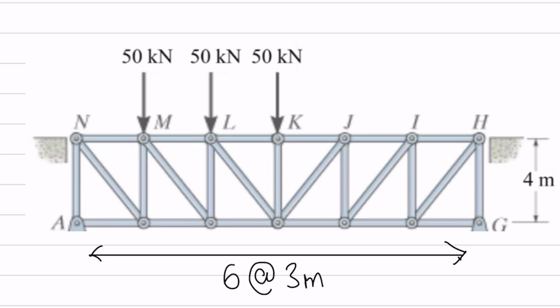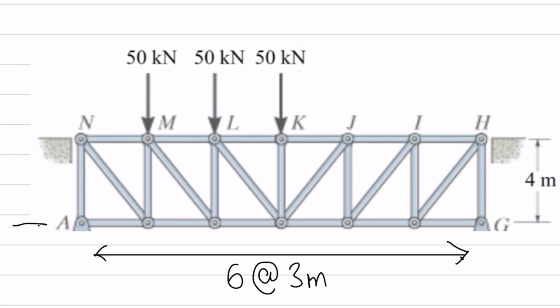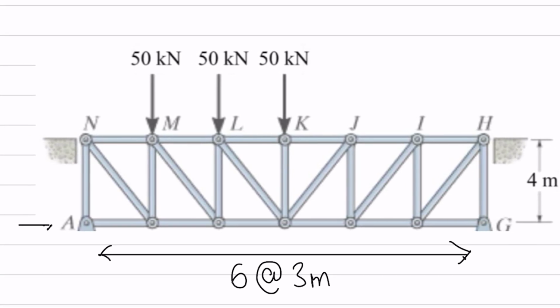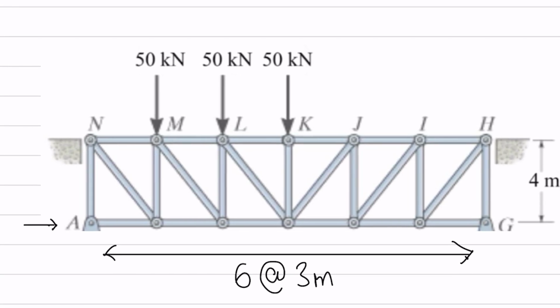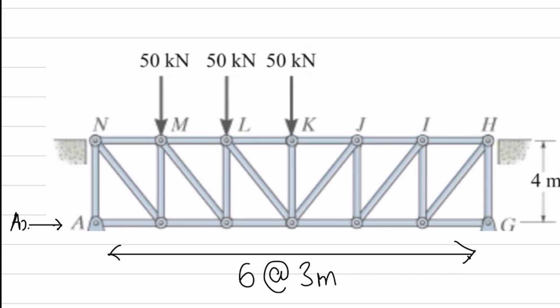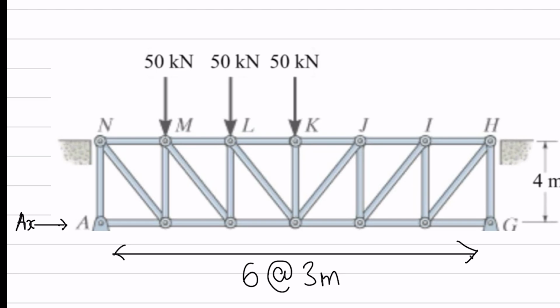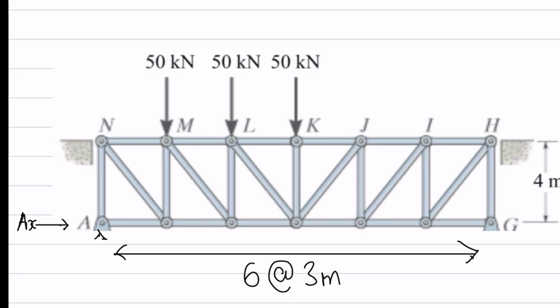We are given a simply supported truss with an external load of 50 kN applied at points L, K and J. The total span of the truss is 6 sections of 3 meters each, and the height is 4 meters. Our goal is to determine the forces in the truss members.